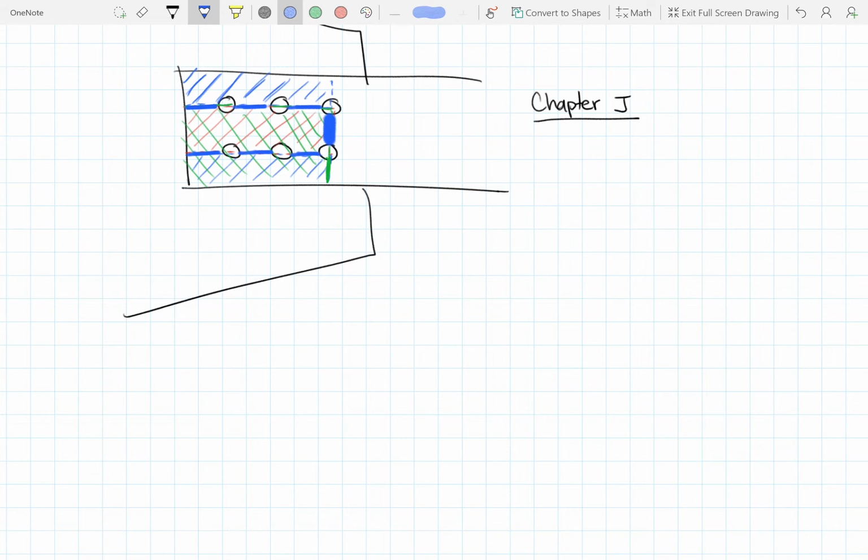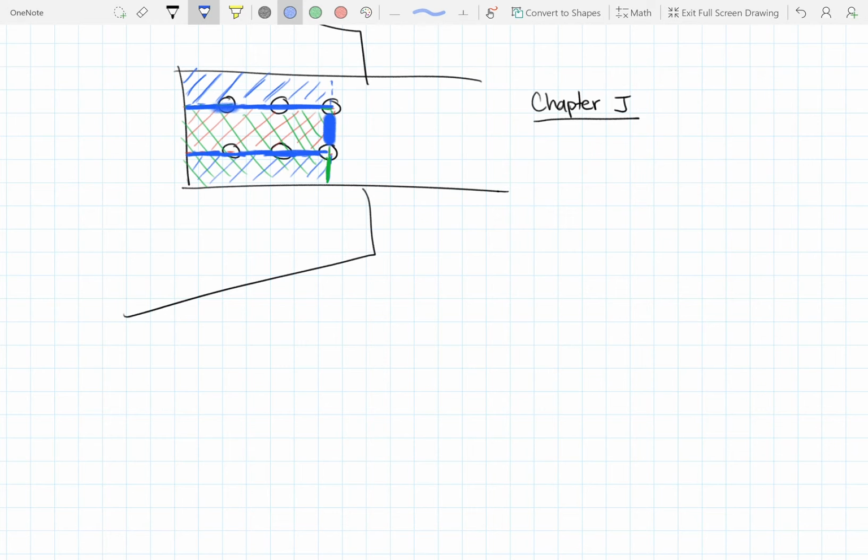You do not include the area of the bolt holes when you are calculating your net shear area. Now, when you calculate your gross shear area, you would actually include them and you'd get all of this area that's here for the shear. You never calculate a gross tension area.